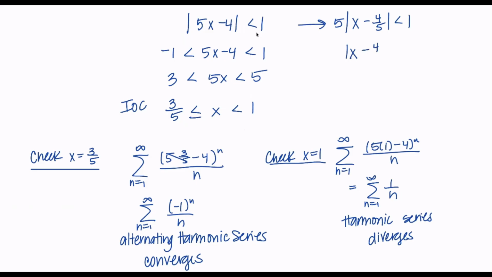So we get x minus 4/5 is less than 1/5. So the radius of convergence is then 1/5, and we even get the center of 4/5, which we can verify here with our interval of convergence that the center, the halfway point here, is 4/5, and then the distance to those endpoints is 1/5 away.